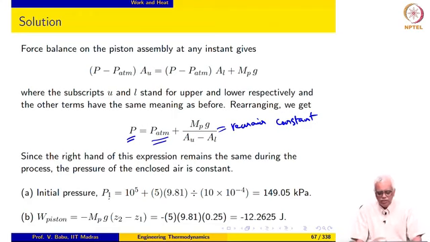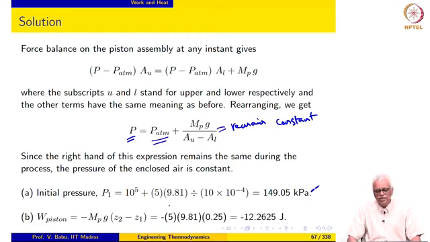Initial pressure may be obtained by substituting the known values into this expression. The mass is known, the area of the upper piston is 10 centimeter square more than the area of the lower piston. So, we use all this information to calculate the initial pressure, which comes out to be 149 kilopascal.